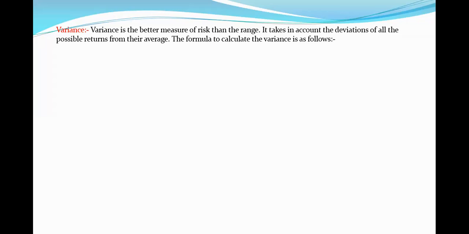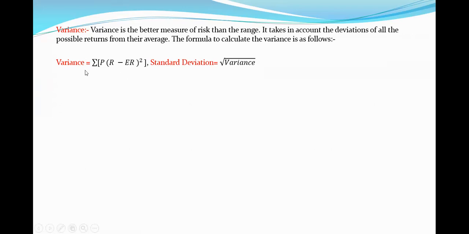The formula to calculate the variance is summation P, probability, into, open bracket, returns, observed returns on daily basis, minus E of R, expected return E bracket R, close bracket and square of this. Close again this bracket. You will get the variance.